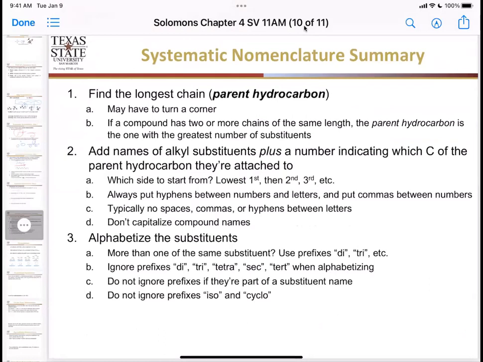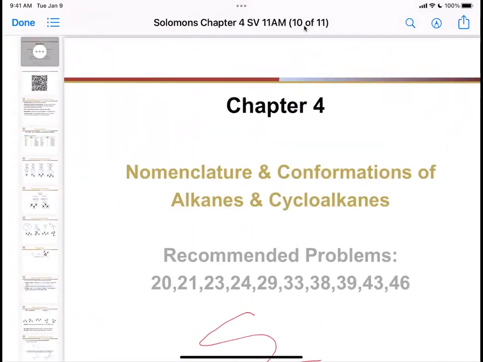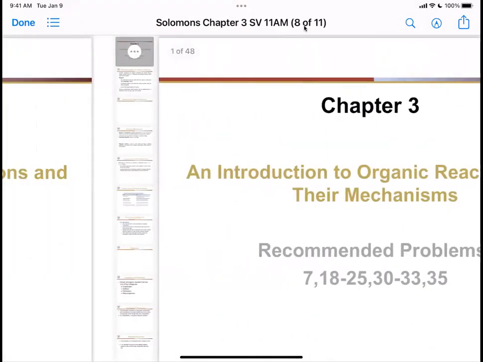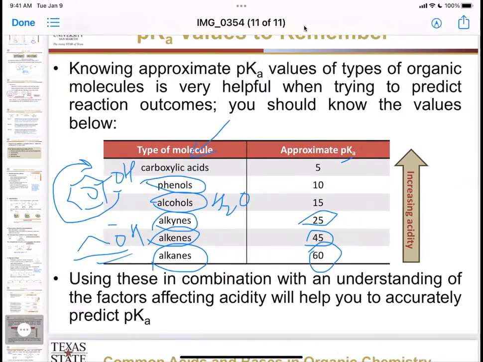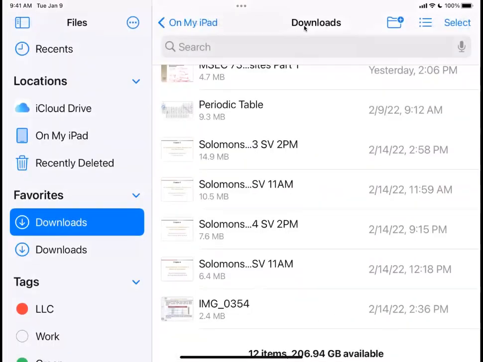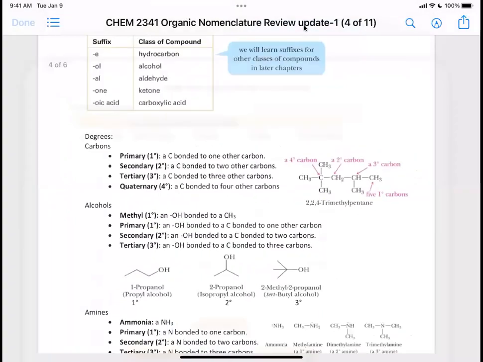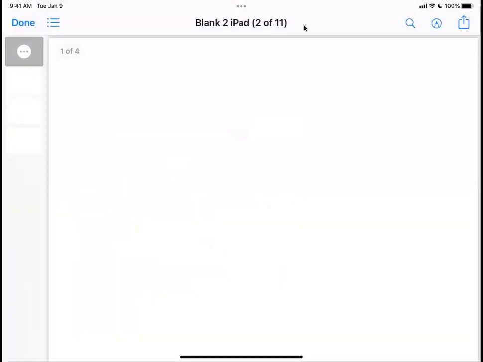So I'm going to switch over to, if you'll let me. Nope. All right, I'm going to switch over to blank 2. Okay, so we're going to apply every single rule we had so far in our system. We're not going to change the alkane. We're just going to apply all our rules.